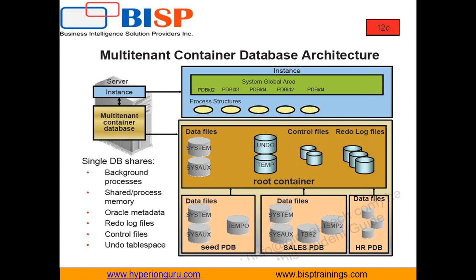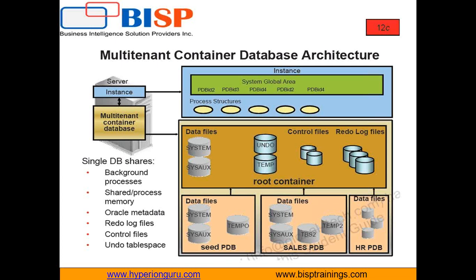Now the question is that data files are here and data files are there too. These data files are common to all and store the data dictionary information, and these data files are only related to your sales PDB. We will see in the next part the differences between the root container, CDB level data and PDB level data.